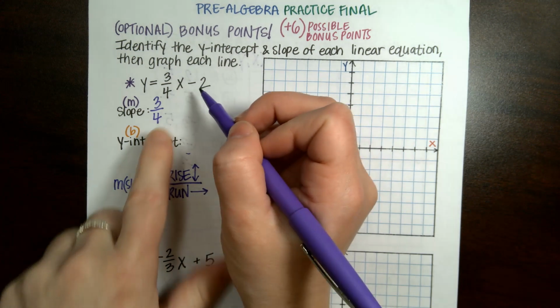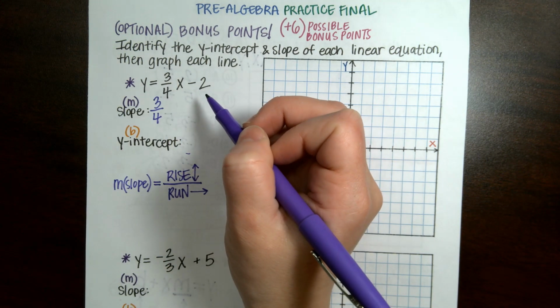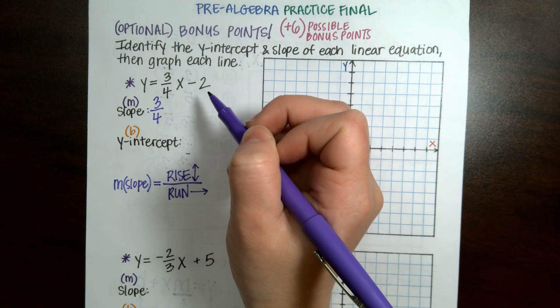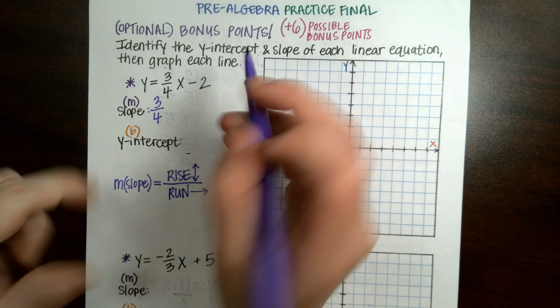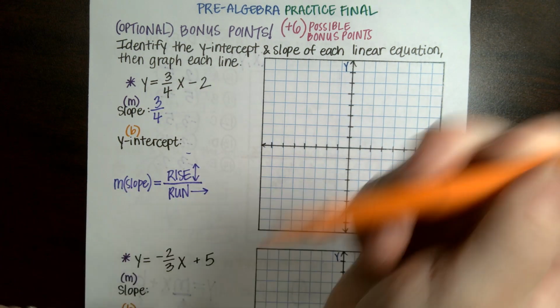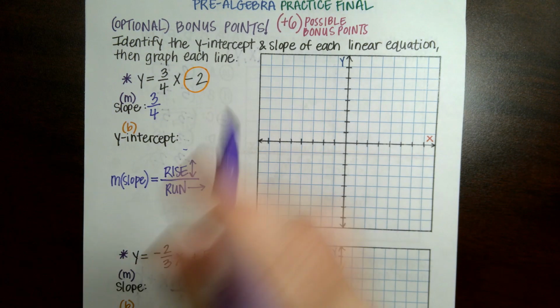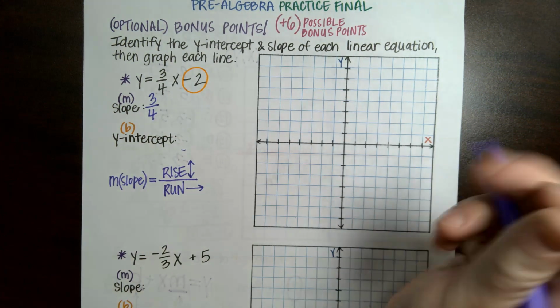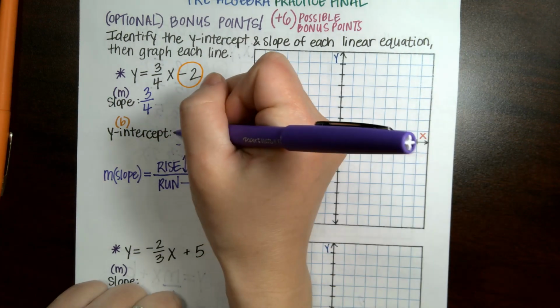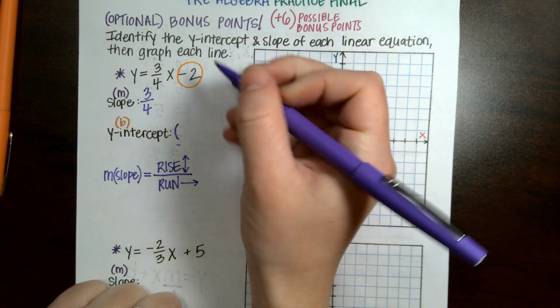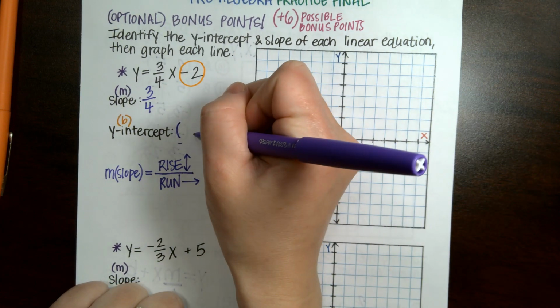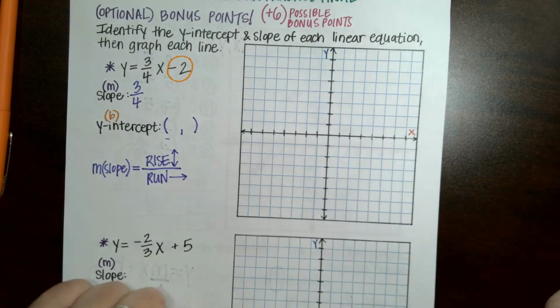Instead of just writing, first of all, what is our y-intercept? -2. Yep, it's -2, so that means it's negative. So pay attention to your signs. Instead of just writing -2, I'm going to want you to write it as a coordinate. Okay, and let me explain what that means.